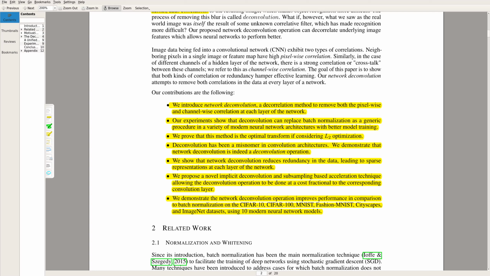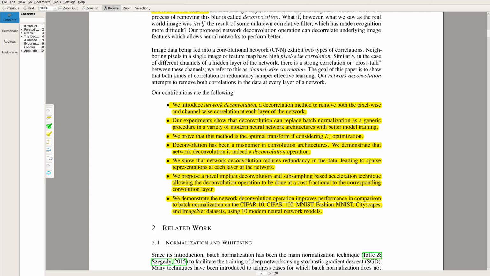Then they have this proof of optimality in L2 optimization. I will go a little bit into that. They also mention that the term deconvolution was incorrectly used in previous papers, and they actually use the original meaning of deconvolution. Then of course they mention that if you do the deconvolution, you will get a sparser representation.